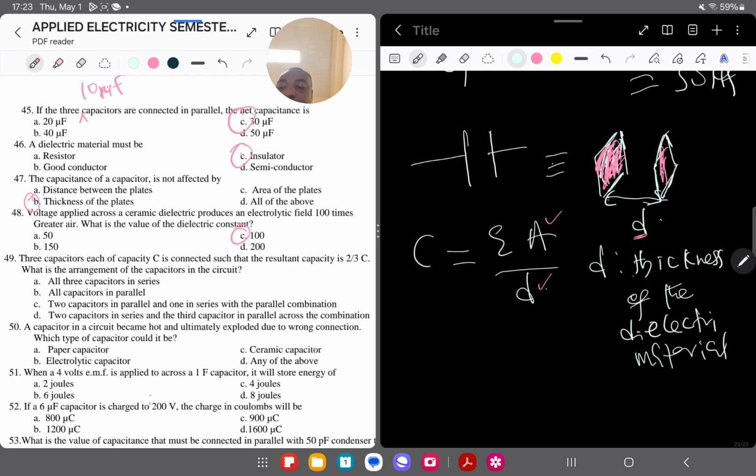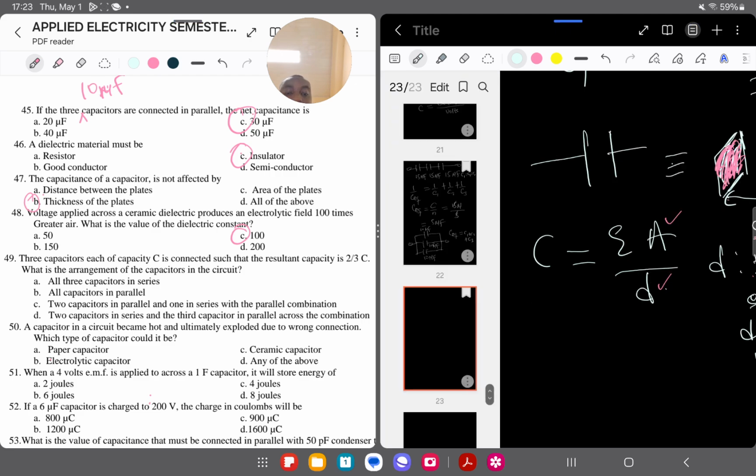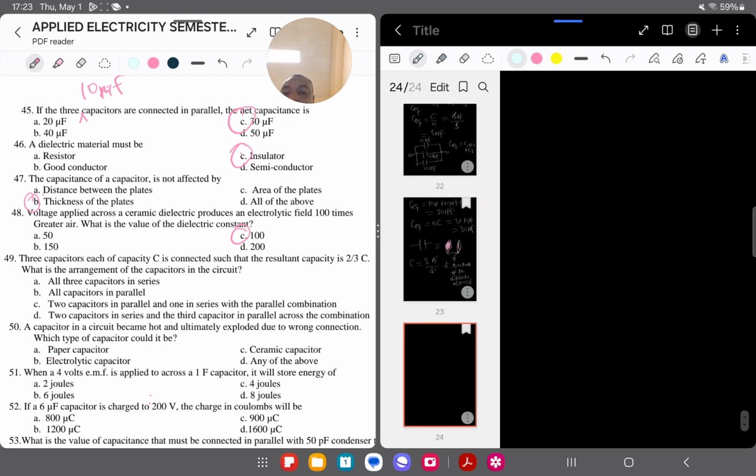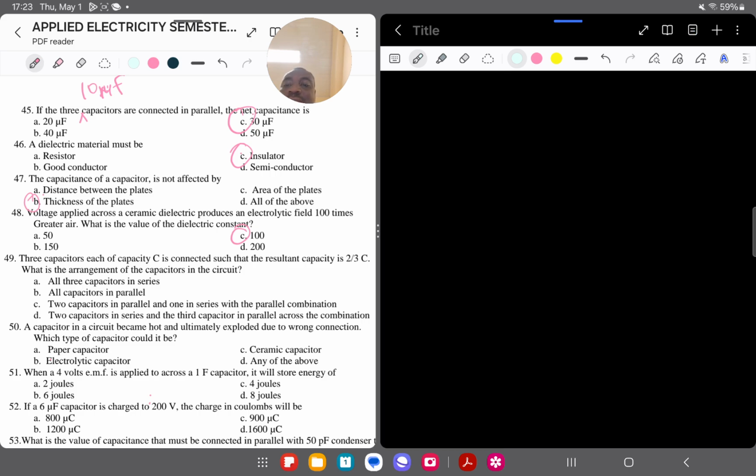What is the arrangement of the capacitors in the circuit? I think this question is the hardest of all the questions that I've solved earlier. It's not that hard, but it's tricky. I would say it's the trickiest question.